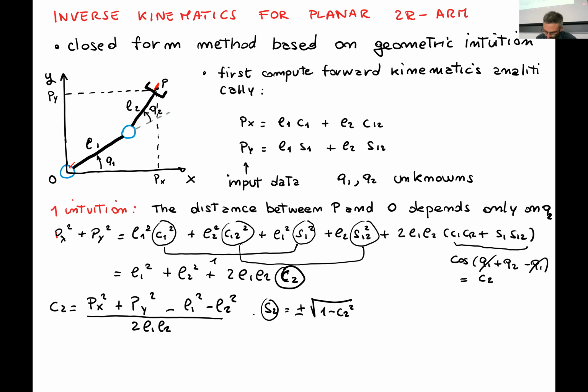This is the sine of Q2, and with the cosine of Q2 and the arctan, we can compute the value of Q2.